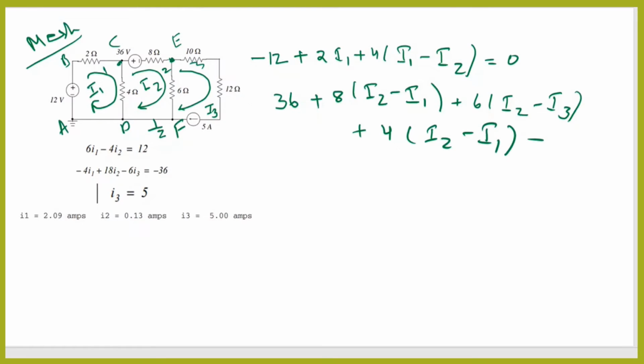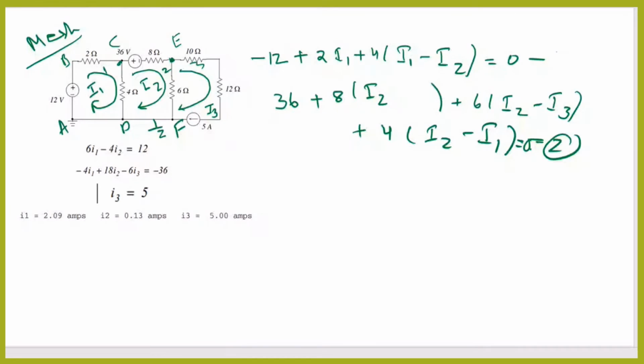This is the second equation. 8 into I2 only, no I1. So 8 into I2, 6 into I2 minus I3 and 4 into I2 minus I1. This is the second equation.